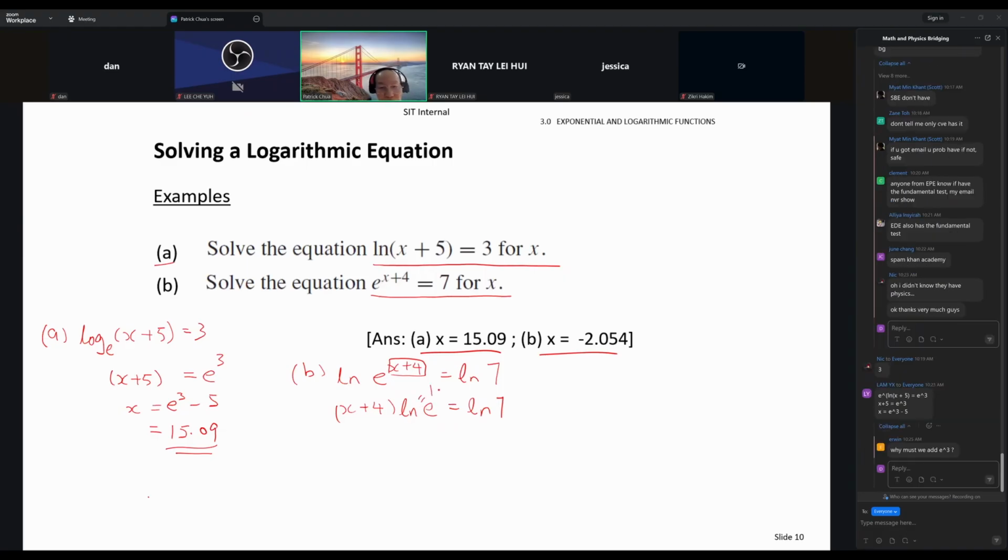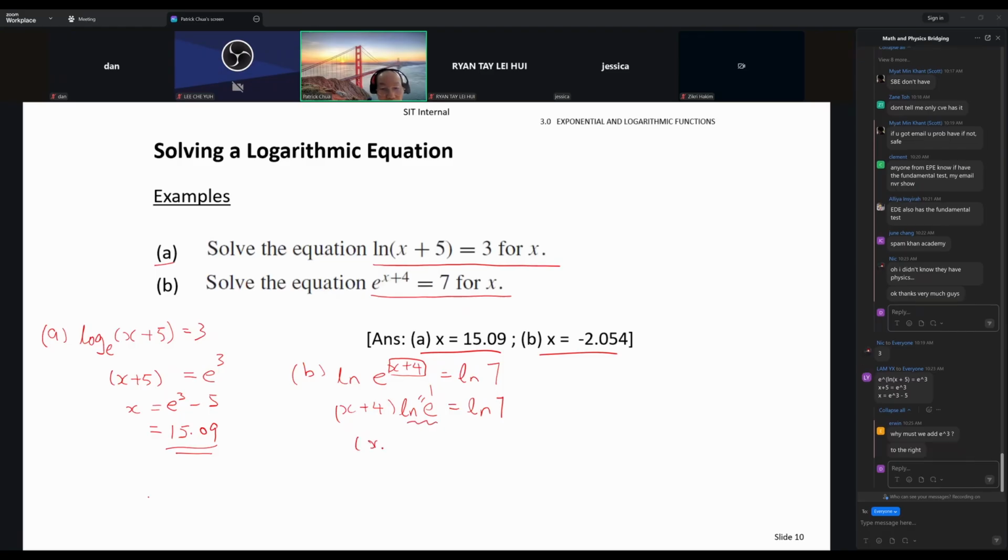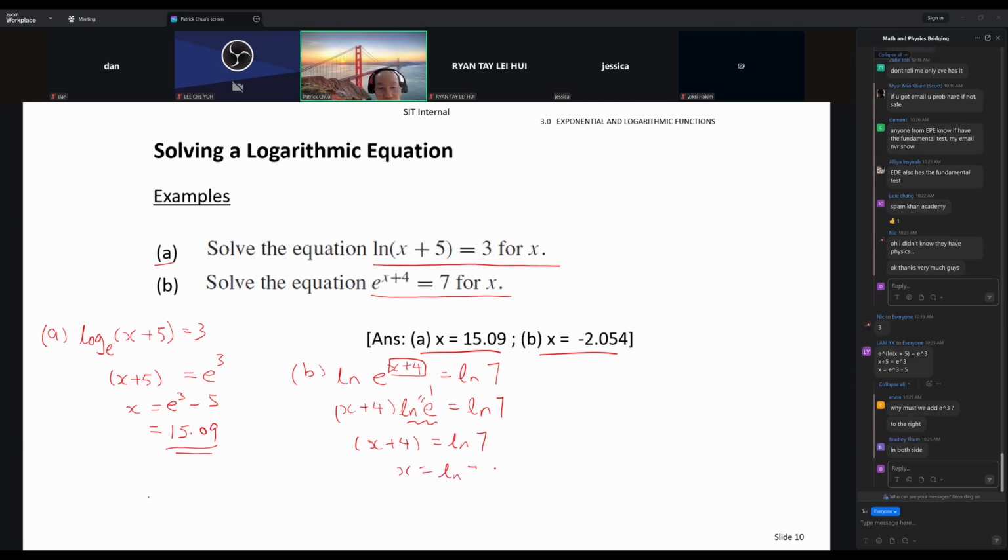Log to base e of e gives you 1. Therefore x + 4 equals ln 7, so x equals ln 7 minus 4.